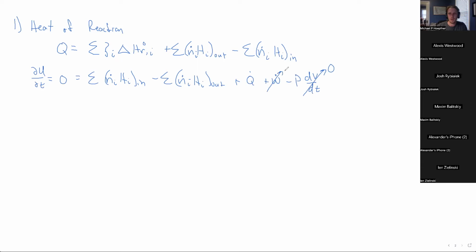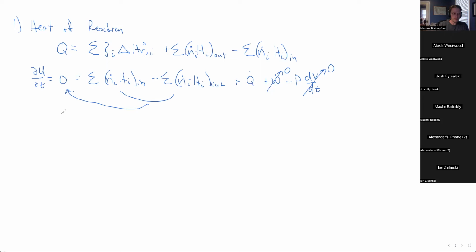If we don't have any work, this goes to 0. So then if we're solving for how much heat is being evolved or how much heat we need to put into the reaction, right, we move these two terms to the other side, and that's why our signs are flipped. That's why we have the out minus in. But if we're just keeping track of our accounting, it's in minus out, but then we have this Q and the 0 over here.